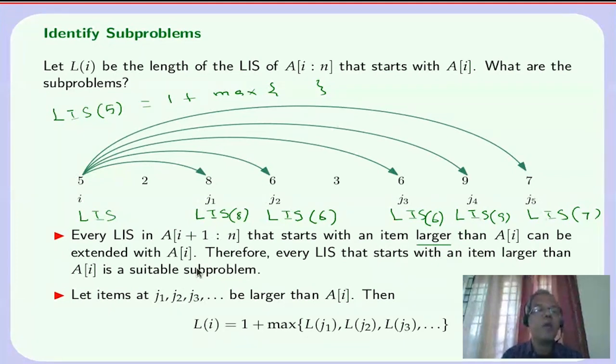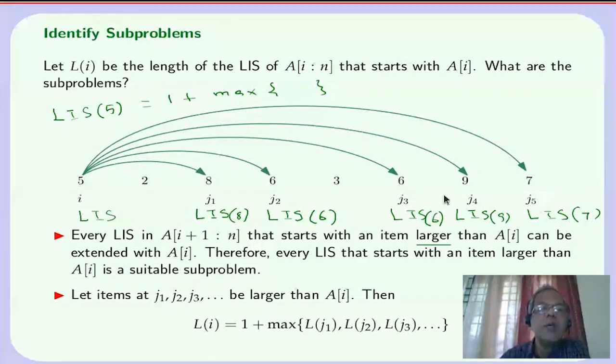There is no other way in which 5 can be prepended to an LIS. We are considering every LIS to which 5 can be prepended and taking the longest one. Let items at J1, J2, J3 be larger than A[i], as I have shown in the diagram.